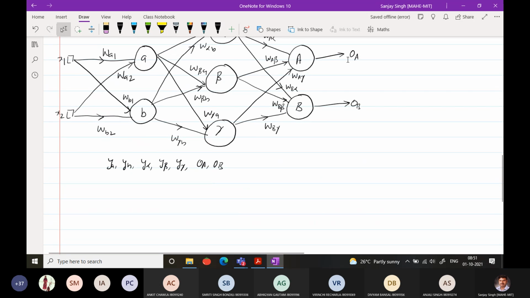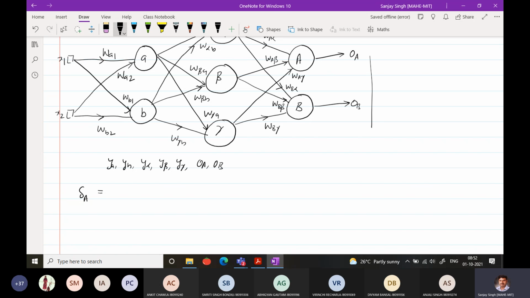Now we'll start with OA, from the output layer. When we backpropagate, we first have to find the local gradient of that particular neuron. So if I have to start, I have to go for delta A. I'm not writing N anymore, for simplicity. As per this formula, I'll write it once again here.